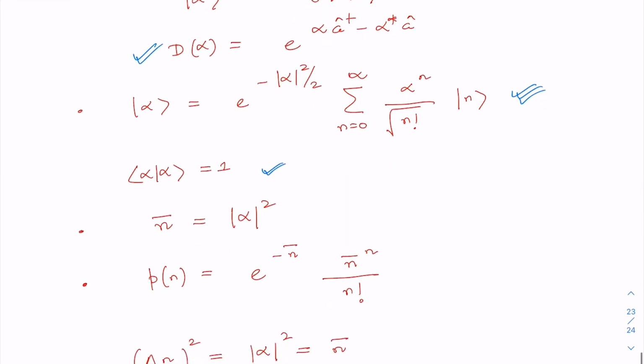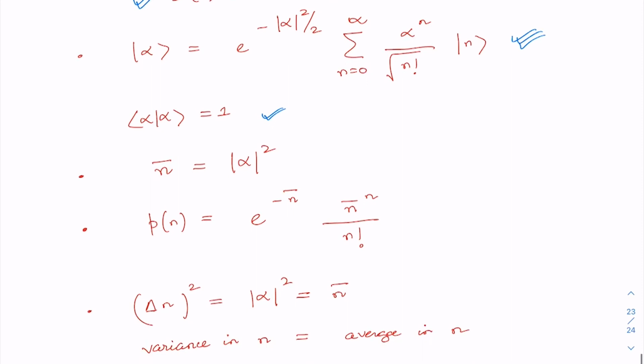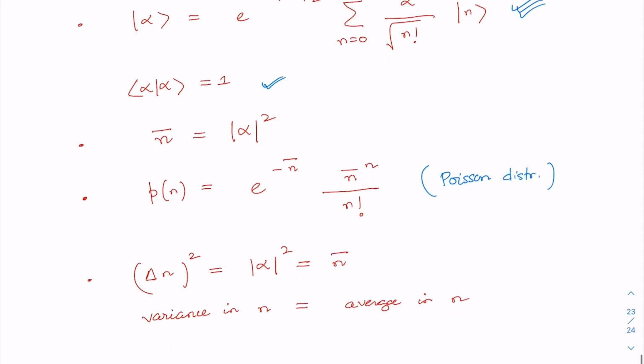Then we found that the average number of quanta in the coherent state is basically mod alpha squared, and it satisfies the so-called Poisson distribution. We found that the variance in the number of photons is equal to the average number of photons, and of course this is one of the characteristics of the Poisson distribution.